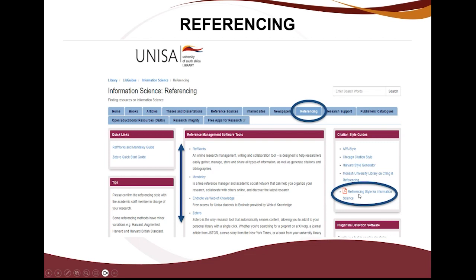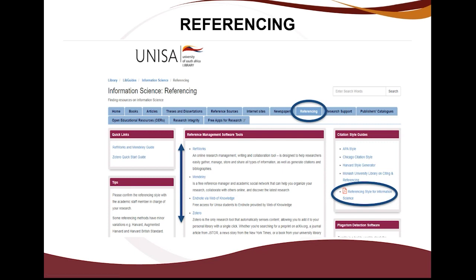Check your library guides and make sure you talk to your academics, and before you even submit your assignments or your research papers, make sure you're using a proper referencing style. And if you want, you can register for any of these reference management tools. These are your libraries of references.